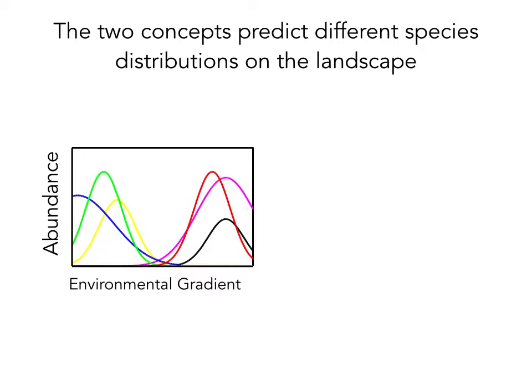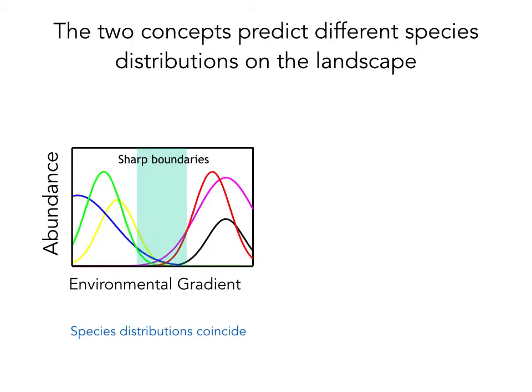This happens fairly suddenly, so we get a very sharp boundary along this gradient and a transition from one community to another. This is the Clementsian concept that predicts these sharp boundaries.